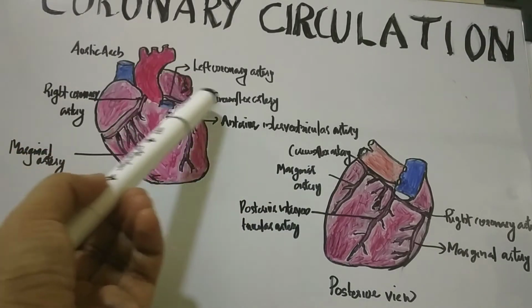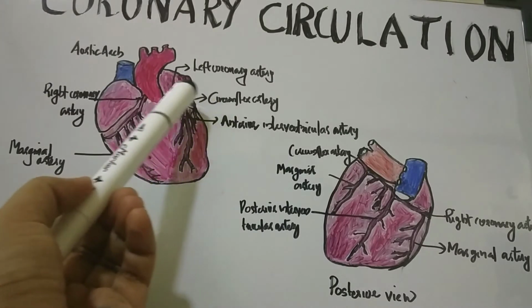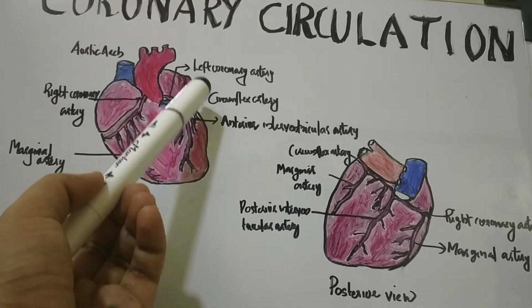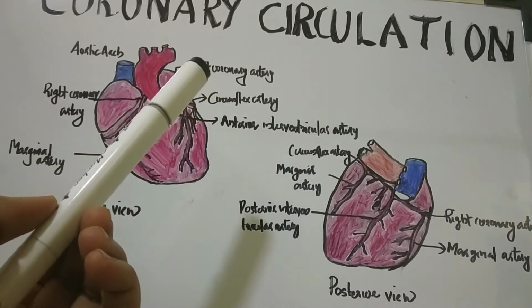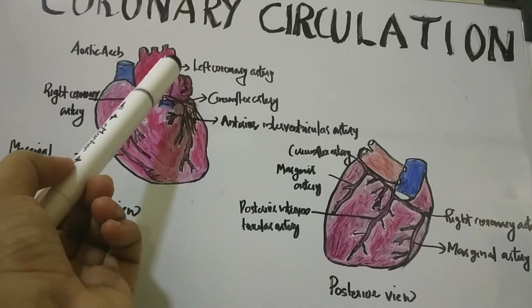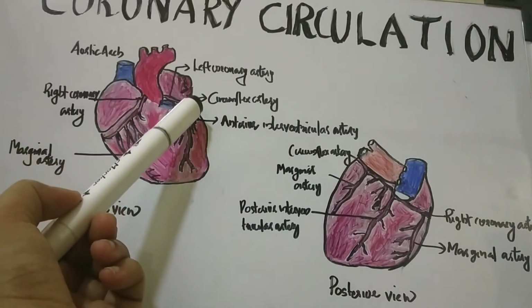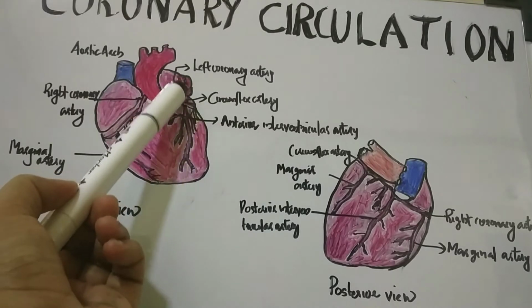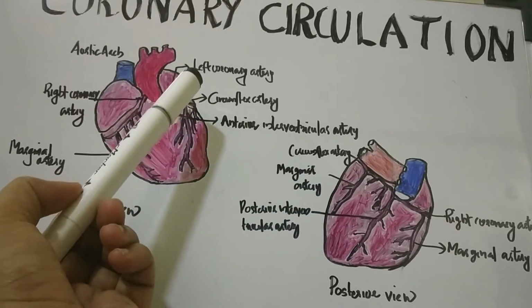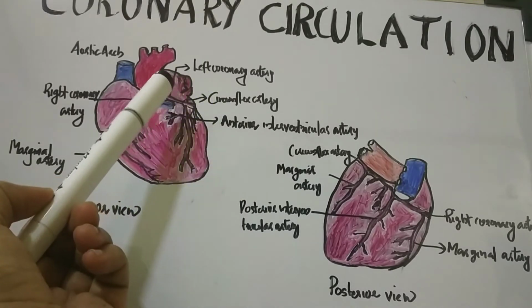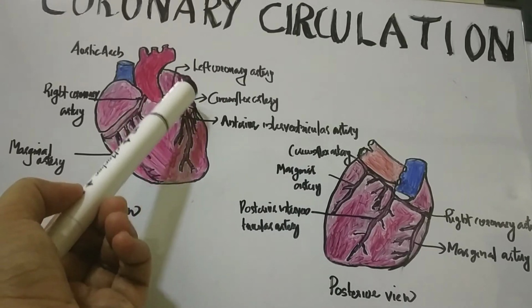From there on, it continues as the circumflex branch of the left coronary artery. In between the left auricle and the left ventricle, you can see the circumflex branch in the left atrioventricular groove.